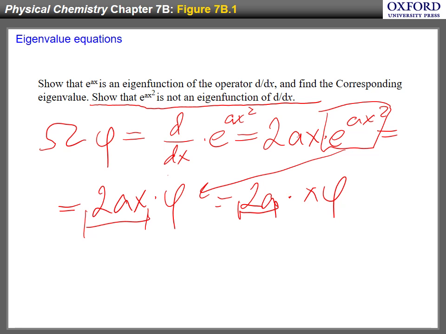Now, here is a question and a problem for you to solve at home. Let's say a function of cosine ax.